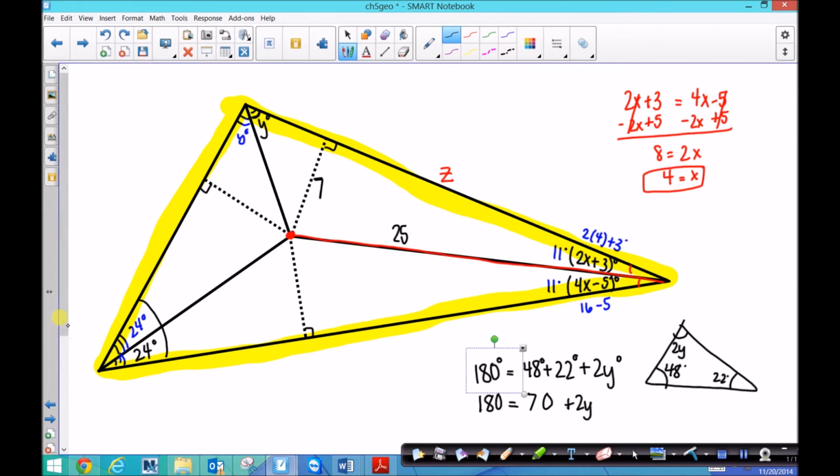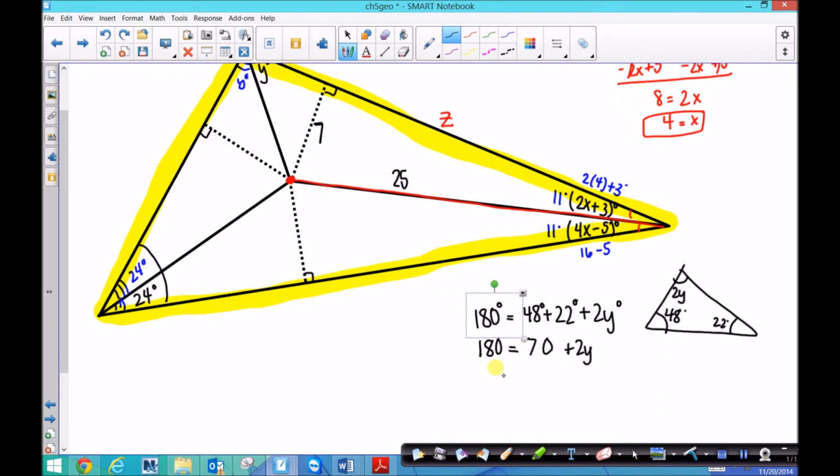And if we subtract our 70 on each side, we have 110 equals 2y. And dividing by 2, we can get that y is 55 degrees. And so now we have also solved for y. And so we only have one variable left.